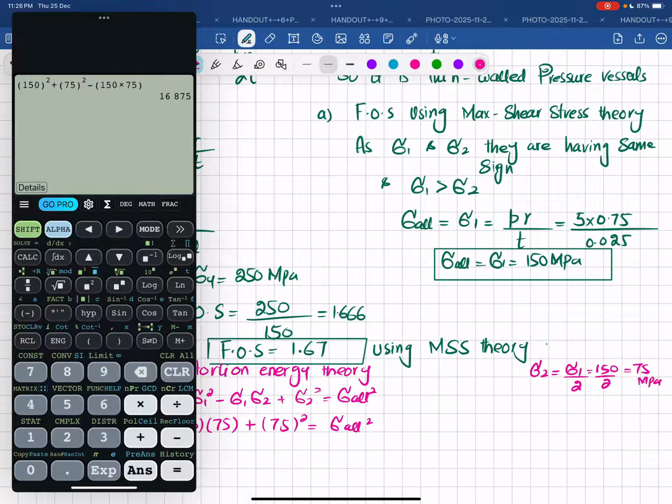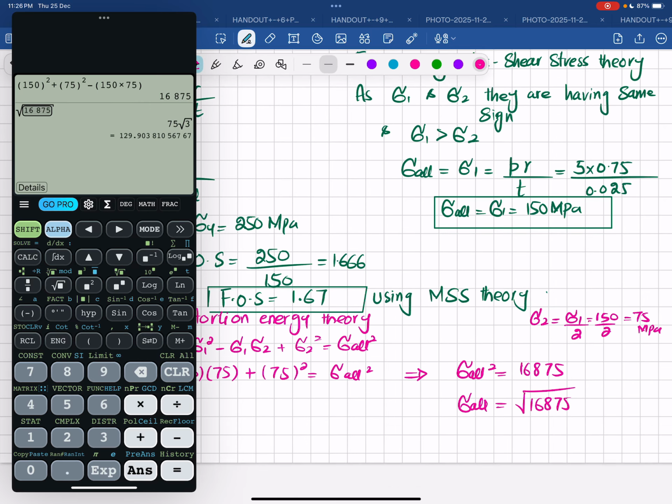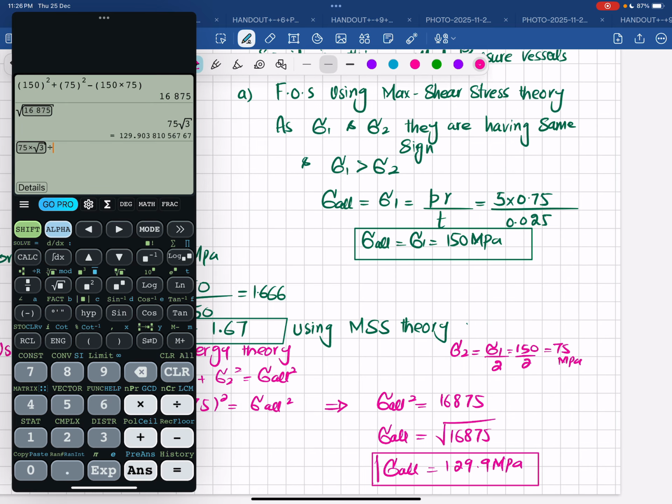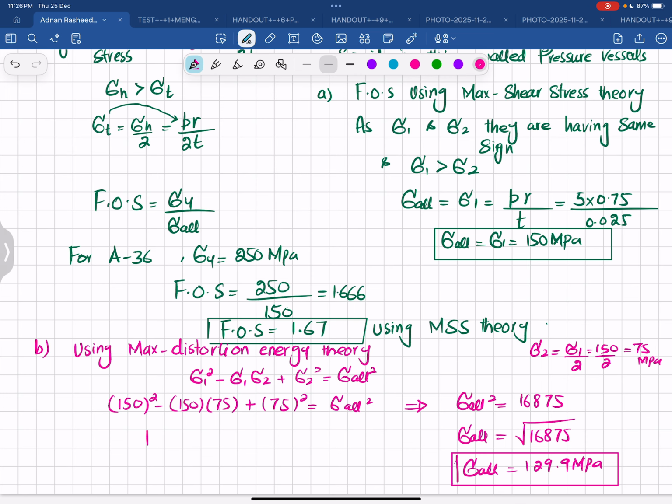So sigma allowable square is 16875, and the allowable stress will be equal to the square root of 16875. Taking the square root, the answer is 129.9, so sigma allowable is 129.9 megapascal.